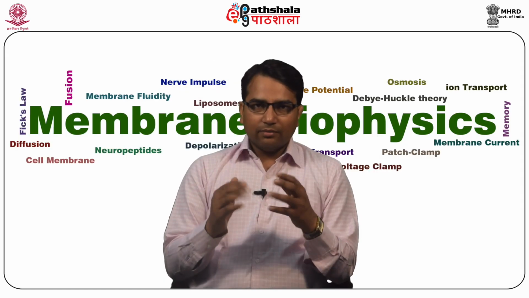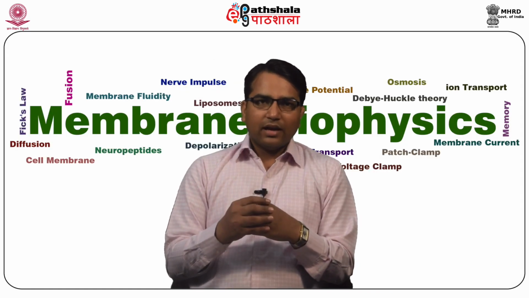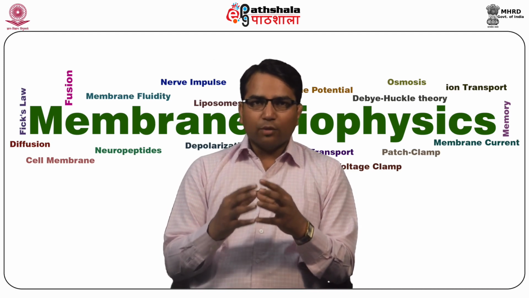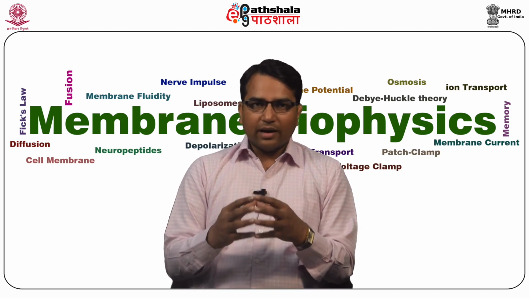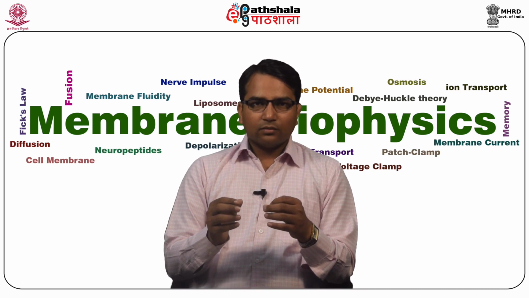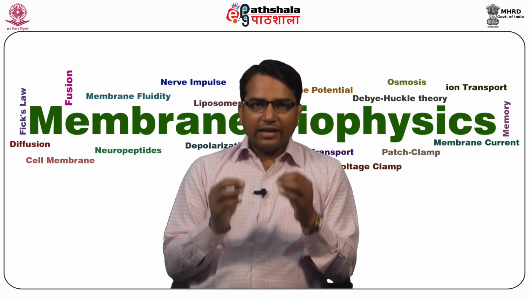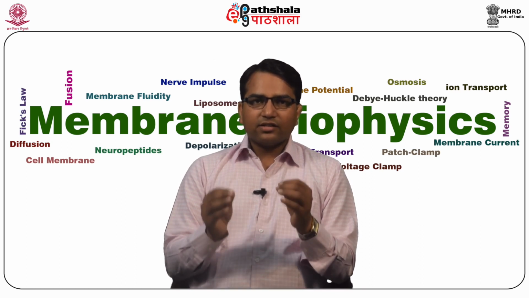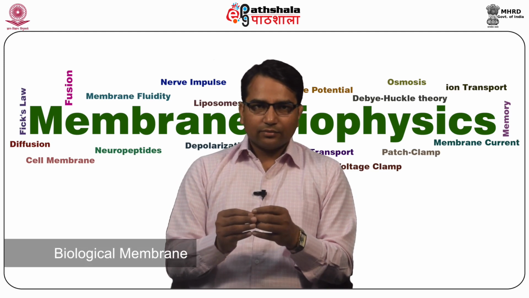Let's have an introduction of the membrane. As you know, the fluid mosaic model was given by Singer and Nicolson in 1972. Their idea of this model was to show and describe the general structure of a biological membrane.